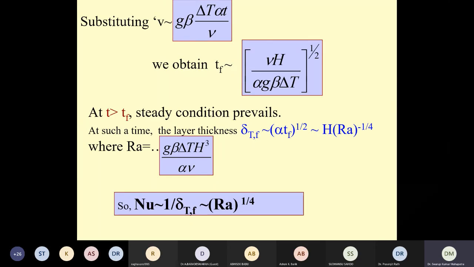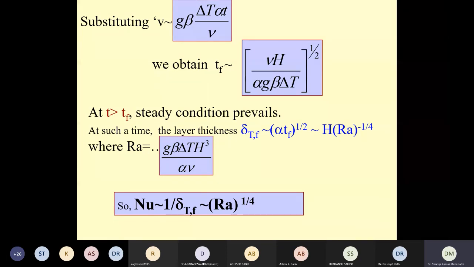With a little effort, we are able to say that Nusselt number is a function of Rayleigh number, but we are not able to say what it equals. We are saying of the order of. It is a functional relation. When we say it equals k times Rayleigh to the power this much, that k itself needs determination.